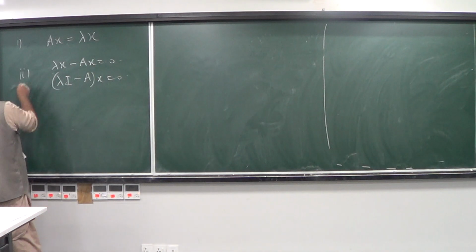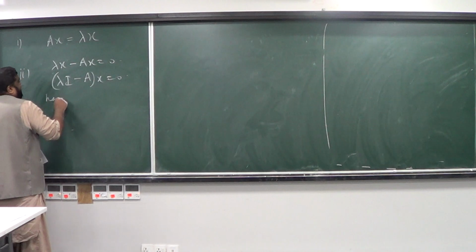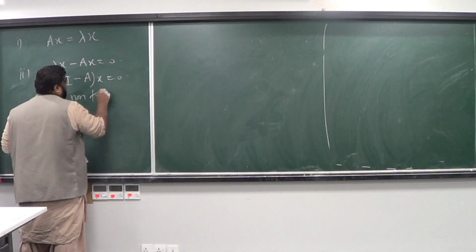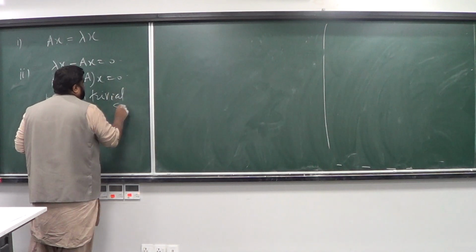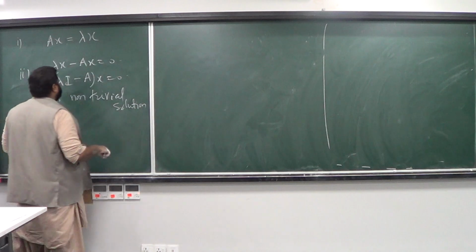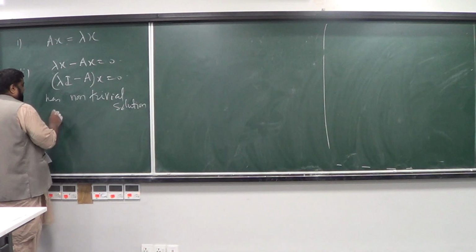So the second condition was that this system has a non-trivial solution. In other words, lambda is an eigenvalue of the matrix A if this system has a non-trivial solution.